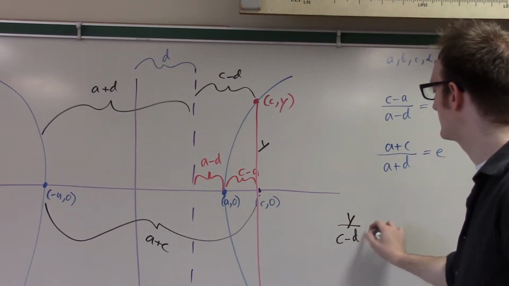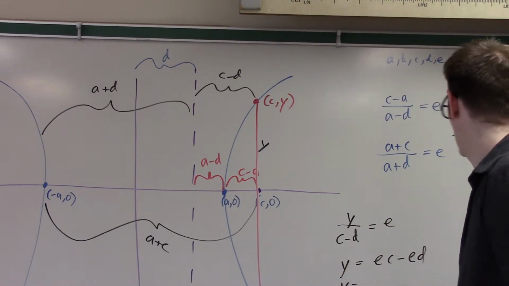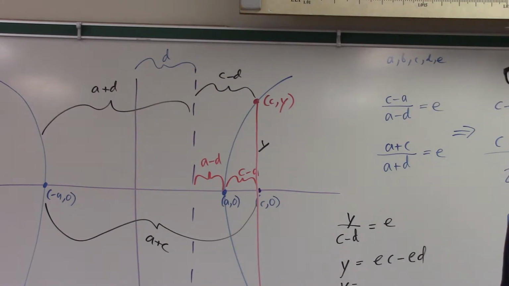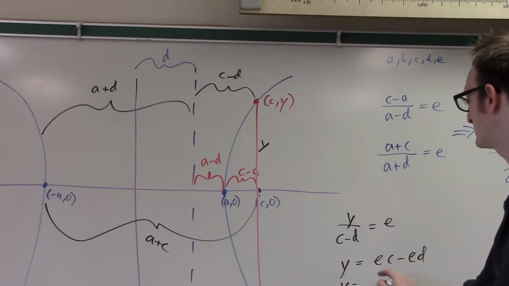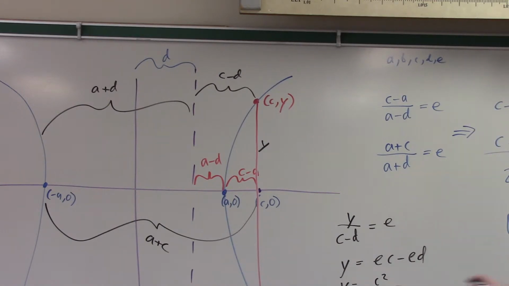Y over C minus D has to be E, so Y is EC minus ED, so Y is, you replace eccentricity with C over A, so that's C squared over A minus, and ED is just A, so that's A squared over A, and then C squared minus A squared, we just define that to be B squared. And so we get that Y equals B squared over A. Follow? Okay, good.